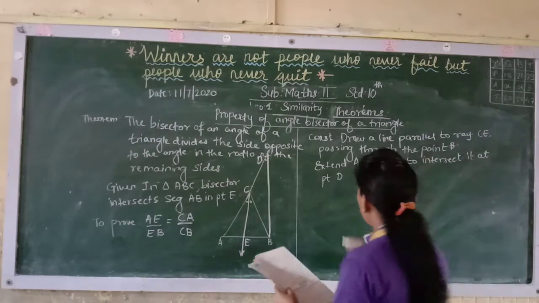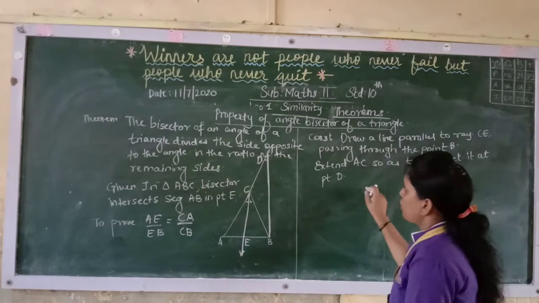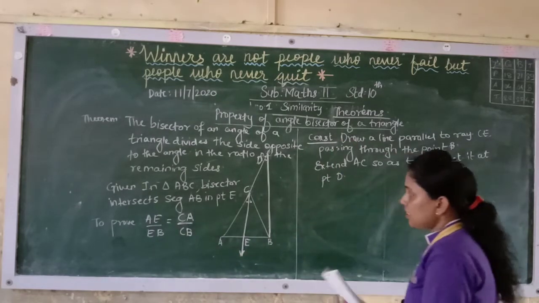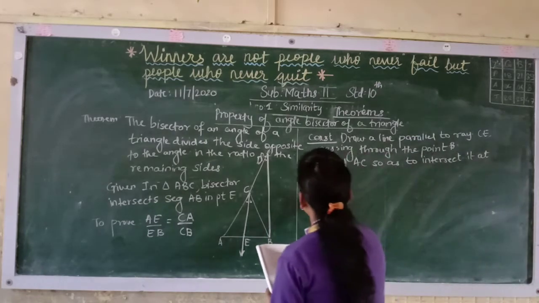Now we will go for the proof over here, but you have to write the construction over here. This is the construction. Now see for proof.